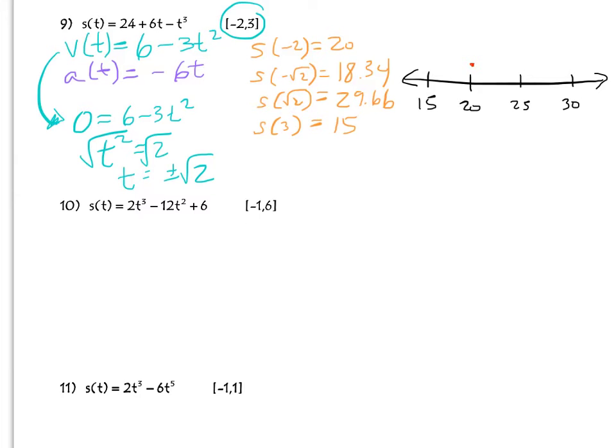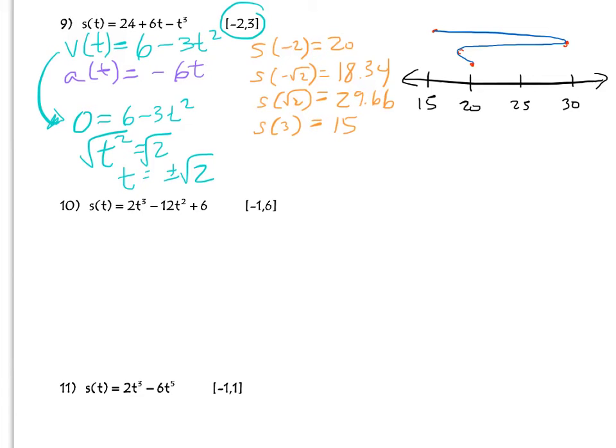Then we go to the left to 18.34. Then we go to the right to 29.96. And then we go back to the left to 15. So we can connect those, going to the left, then to the right, and then back to the left.